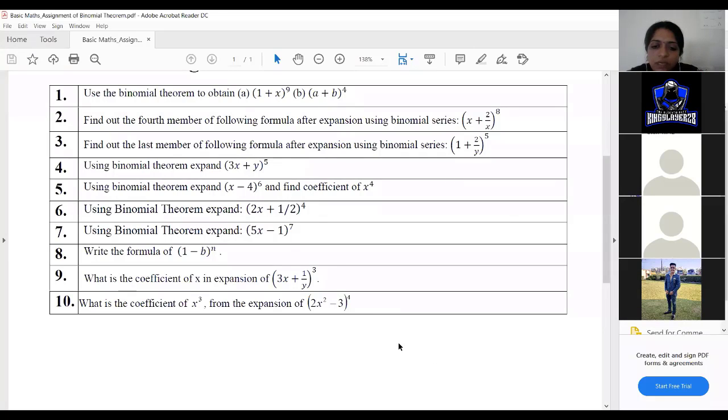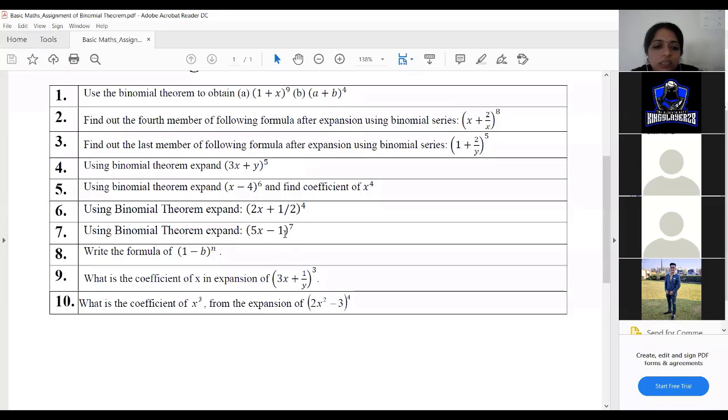See, first we learned indices, surds and logarithm, today binomial theorem, factorization, trigonometry, differentiation and integration. Okay, these topics we discuss before starting engineering mathematics.